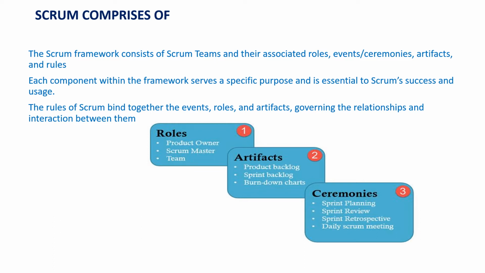We will cover all of them in more detail in the upcoming videos. Each component within this framework serves a specific purpose and is essential to Scrum success. The rules of Scrum bind together these events, roles, and artifacts, which governs the relationship and interaction between them.